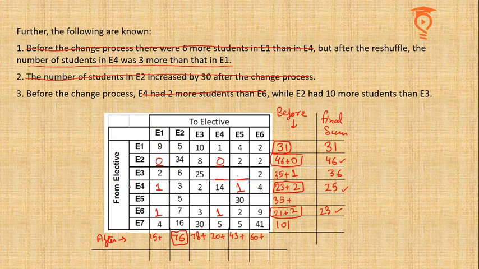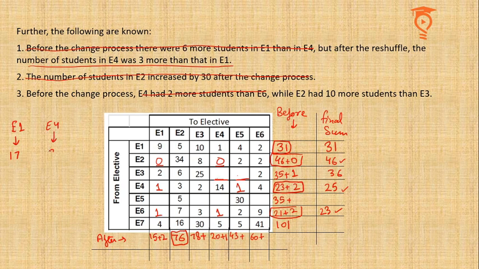For now we have already added 1 to E4 and that has made it 21, and we have added 2 to E1 that has made it 17. There is only one cell remaining in the E1 column. So the point is, the sum of E1 is 17 and that of E4 is already 21.